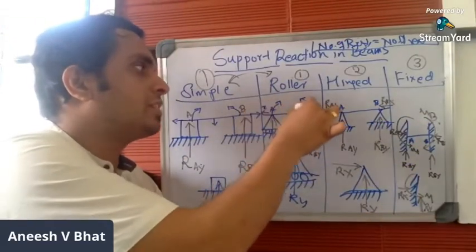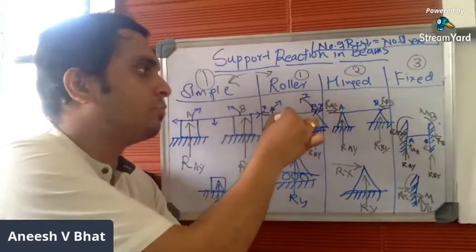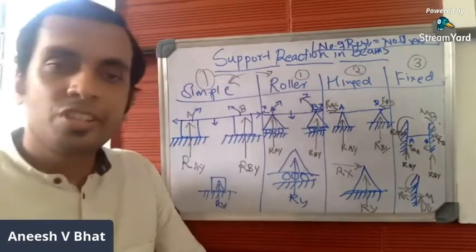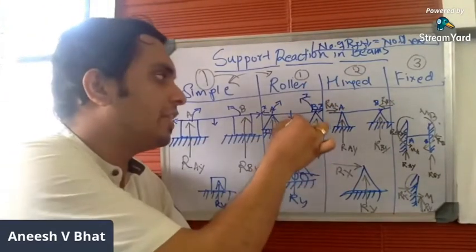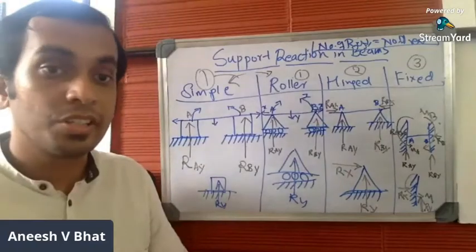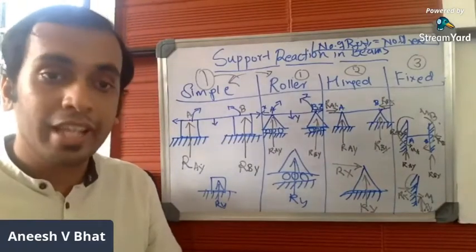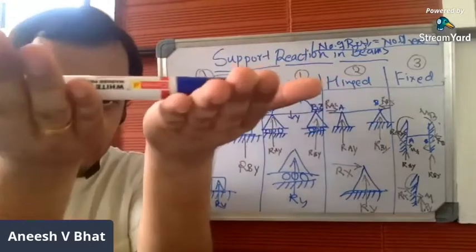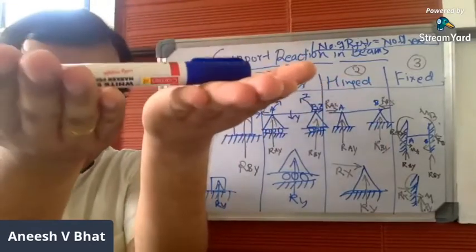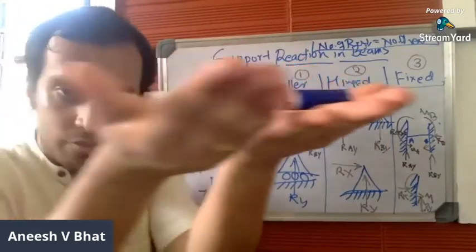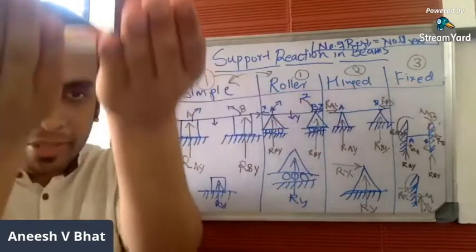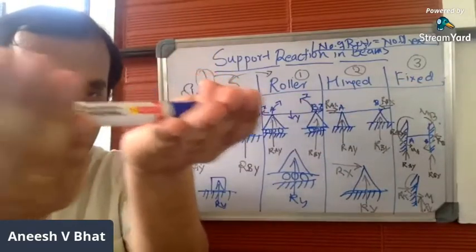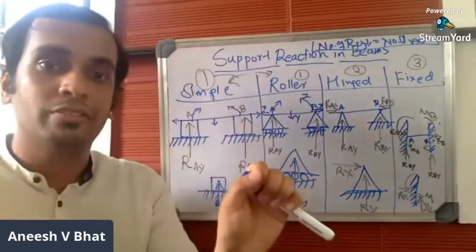So it can move in X direction. It can move in Z direction. So what's the restriction? Restriction is only in Y direction. Even in the case of roller support, the beam is just placed on the roller support, which has wheels, so the beam can move horizontally with the help of the support itself.